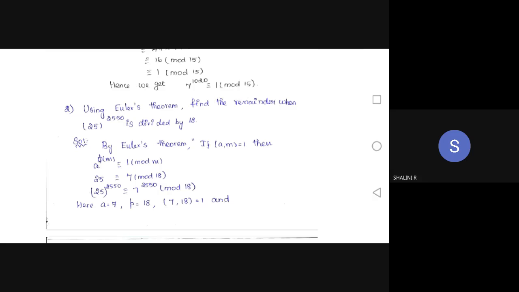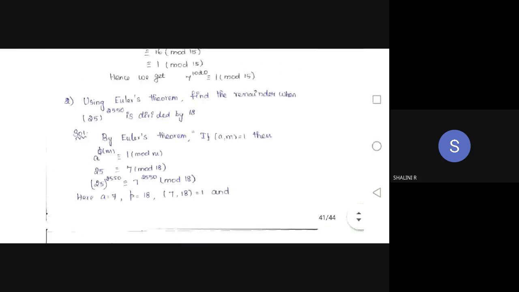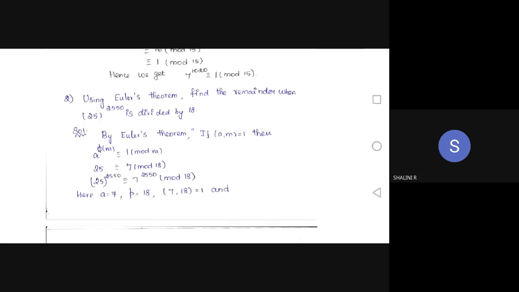So taking the power 2550 on both sides, 25 to the power 2550 is congruent to 7 to the power 2550 mod 18. So we are going to find the remainder when 7 power 2550 is divided by 18.